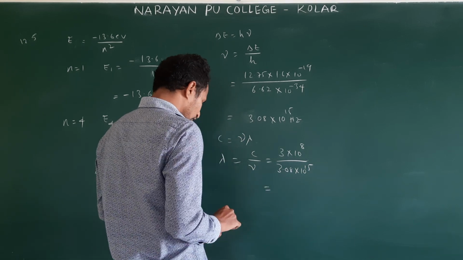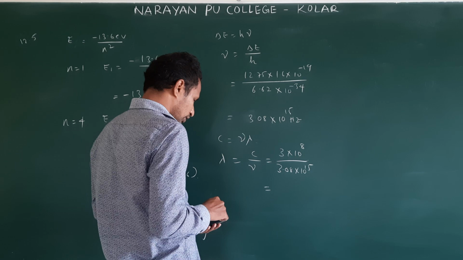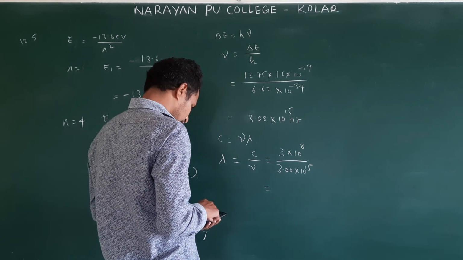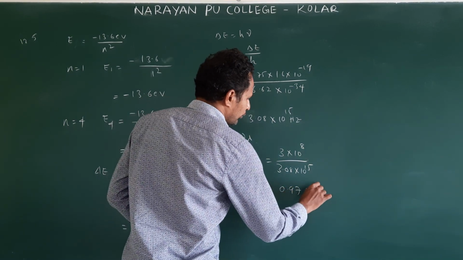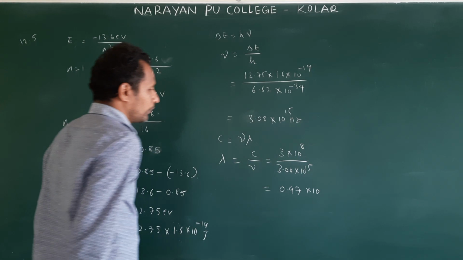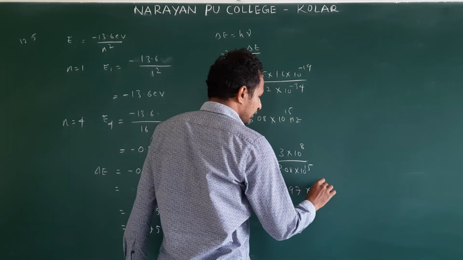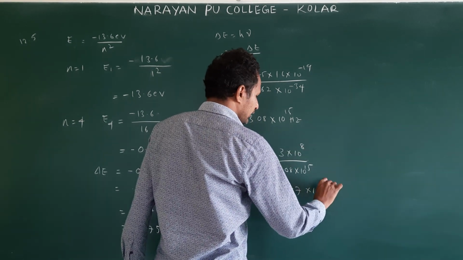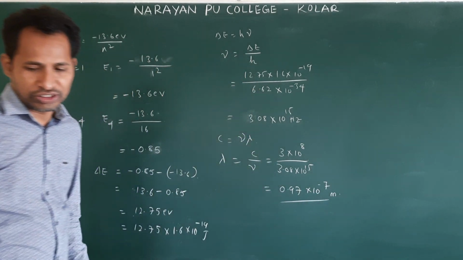So 3 divided by 3.08 is 0.97 into 10 power, minus 8 minus 15 gives minus 7 meters. Okay, this is one method.